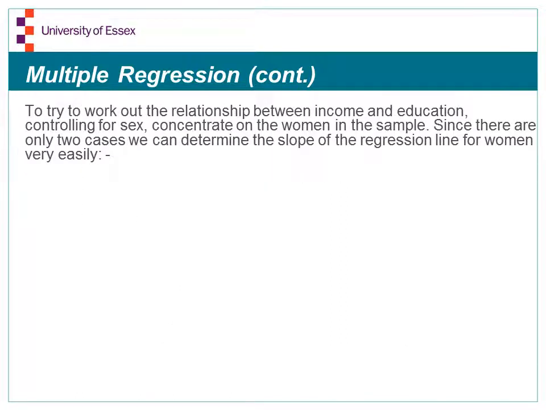So if we wanted to work out the relationship between income and education where we were controlling for gender, then let's start by concentrating on the women in the sample. Since there are only two of them, it's pretty easy to calculate a best fit line through 2 points. It is the unique line which goes through those 2 points. I can work out the gradient very easily just by looking at the change in the y direction divided by the change in the x direction.